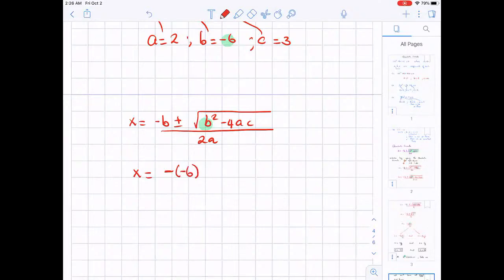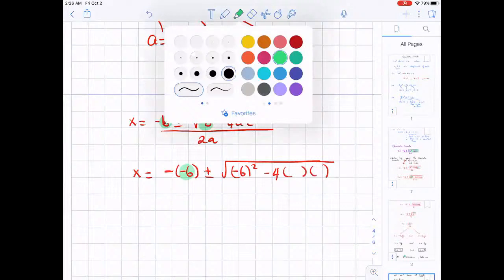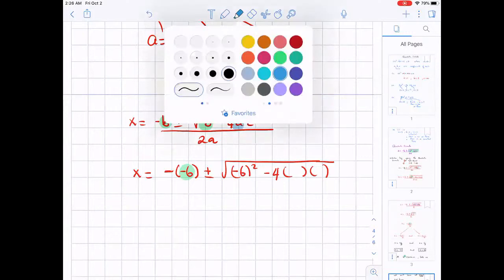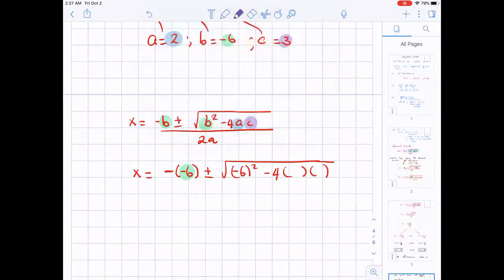Be careful that b is minus 6. Plus or minus the square root of minus 6 squared, then we have 4 times a times c. A is 2, and we saw that c is 3. All of that over 2 times a, which we said is 2.